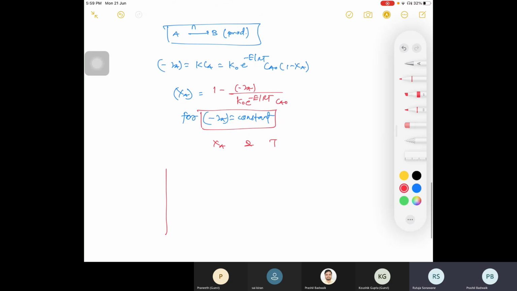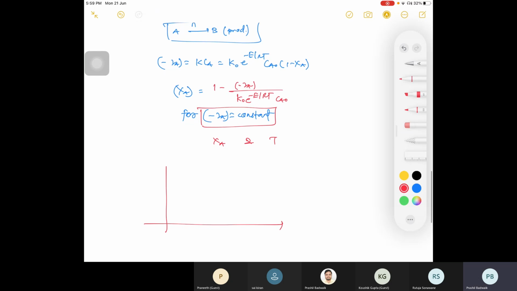So here, as your temperature increases, the e to the power negative term will decrease. So overall that term is increasing, so this denominator will increase, this numerator will decrease, and that's why your Xa will increase. Xa will increase for a particular value of your rate.